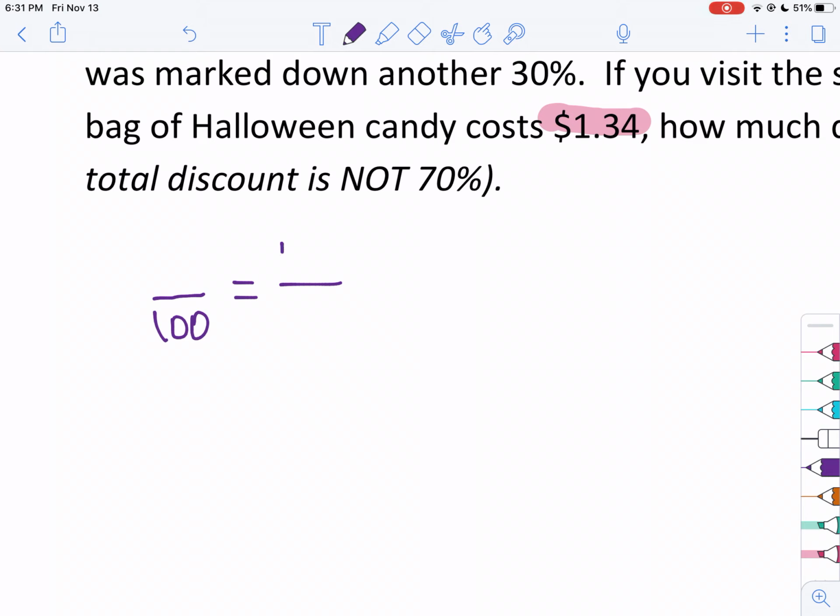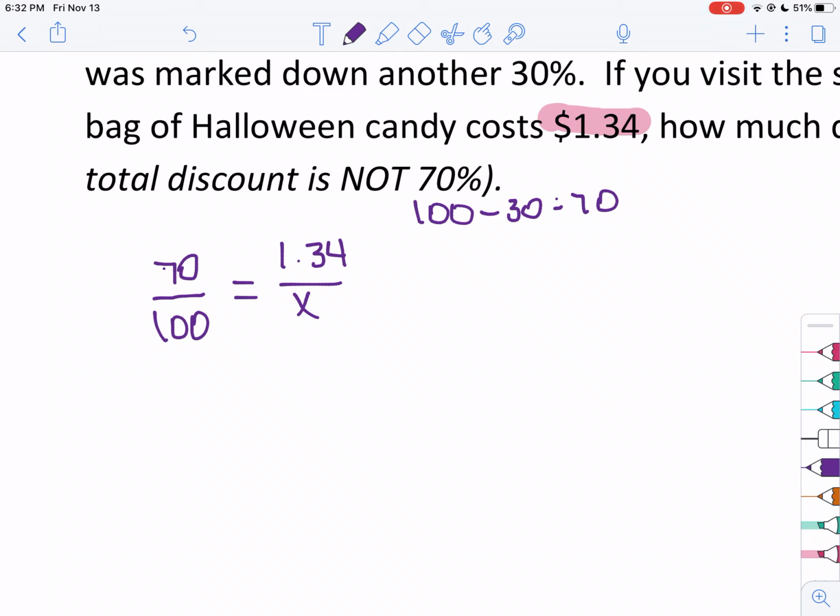We know that $1.34 was the part that we found. We want to know how much did it cost before the discount. And remember, when you're finding the original cost, you have to do 100 minus whatever the discount was to then find the percent of the total your part is. So that is 70% of our total.